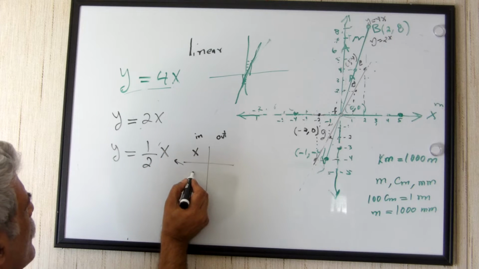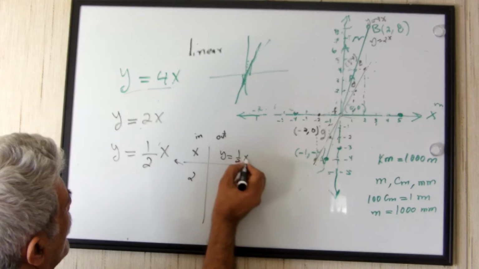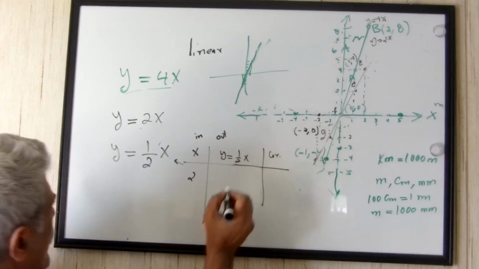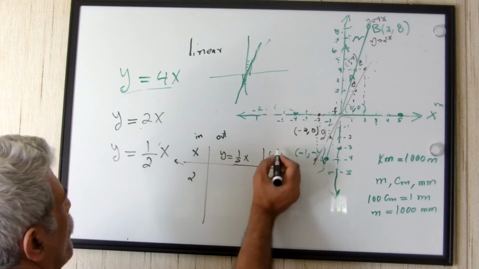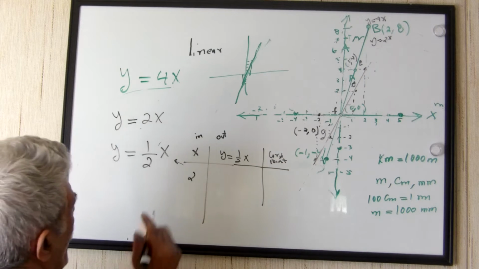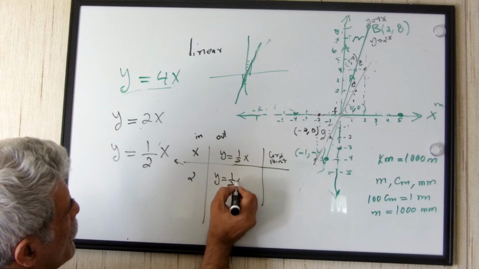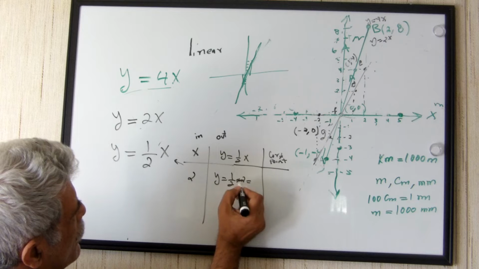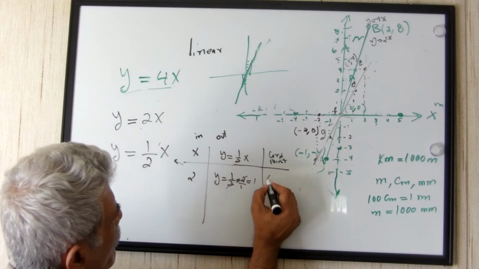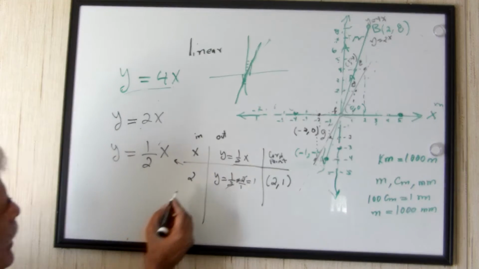If x is equal to 2, y is equal to 1 over 2 times 2, which is 2, so they cancel out. It's going to be 1. So if we give x 2, y is going to be 1. And this is the coordinates of the point.